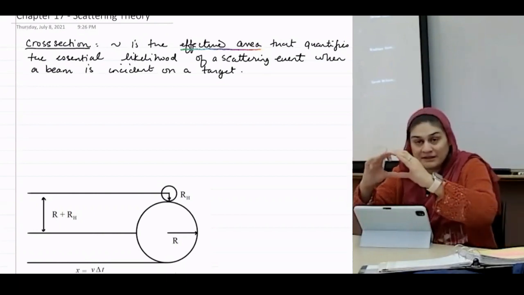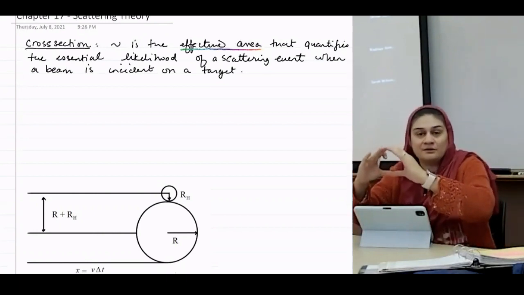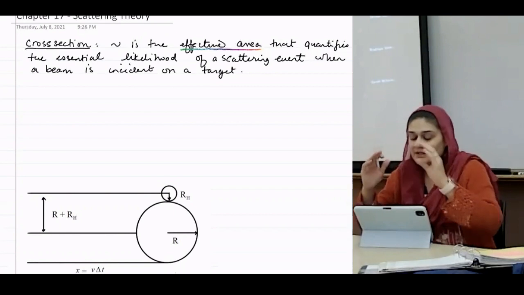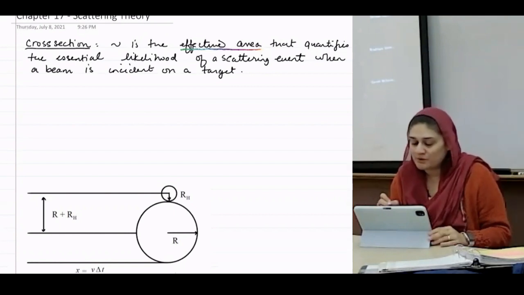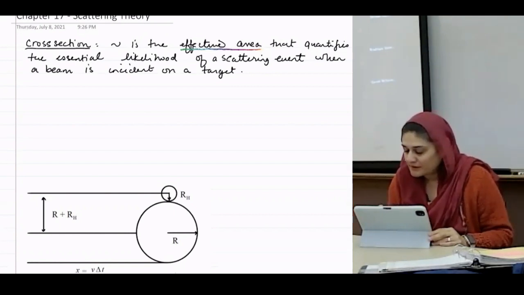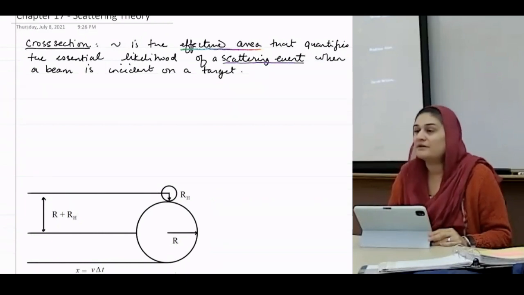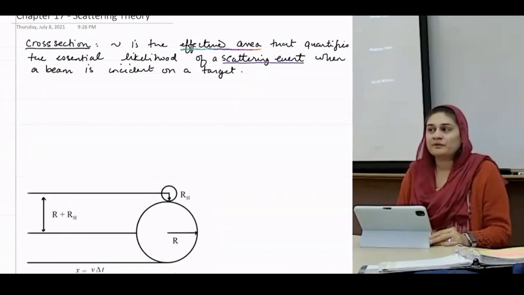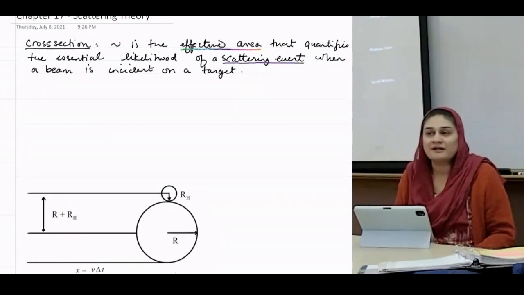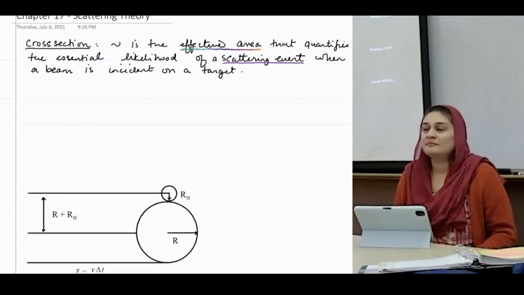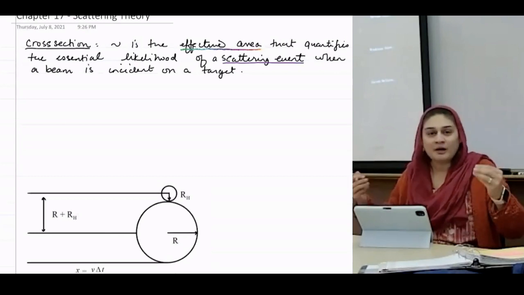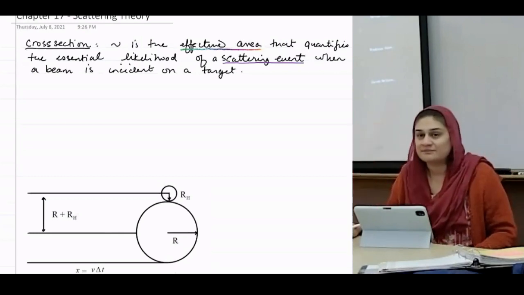The smaller it is, the less likelihood that you will hit it. Okay? The next important word is a scattering event. Can anyone guess what a scattering event could be? Two particles colliding. Perfect. Two particles colliding is a scattering event.